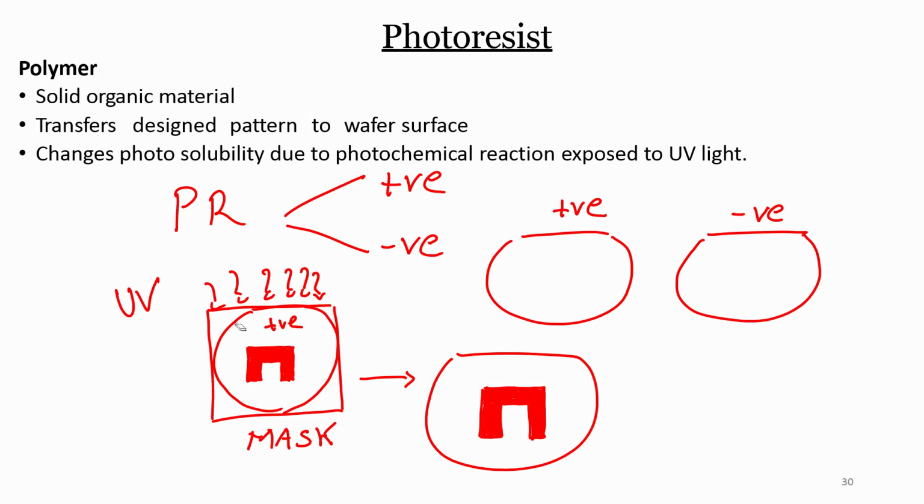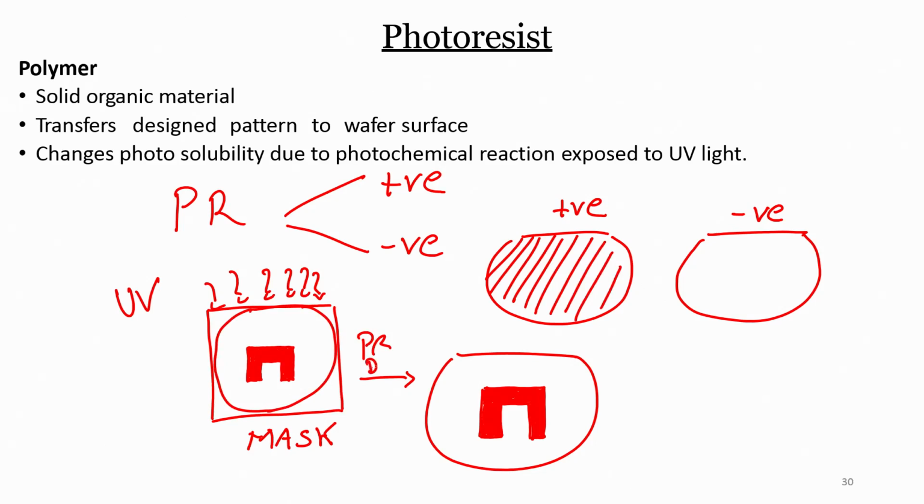Because our mask was this, and we had positive photoresist coated on the wafer, and if I place this wafer under this mask and expose it and develop it, then I obtain this pattern for positive photoresist.